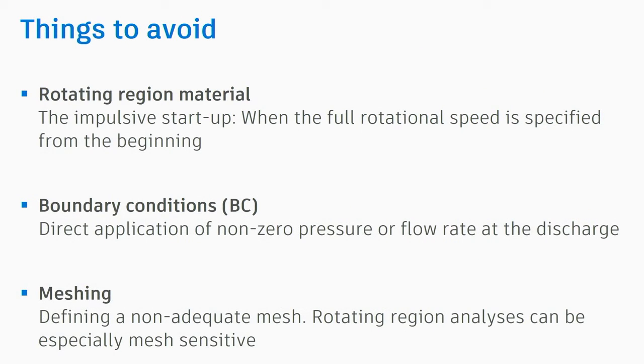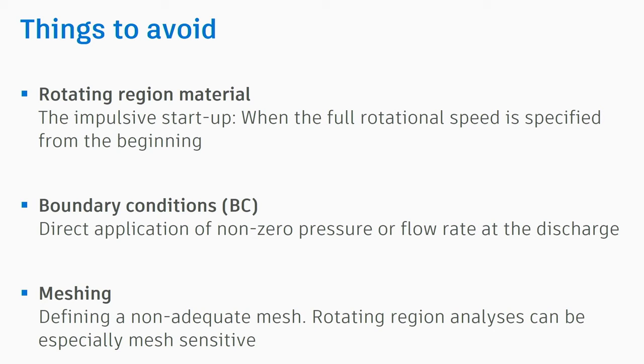I want to remind you here of the most important things that you really need to avoid when setting up your model. You need to make sure to ramp up your rotating region, because if you don't ramp it up, you will have instability and sometimes divergence of the simulation.